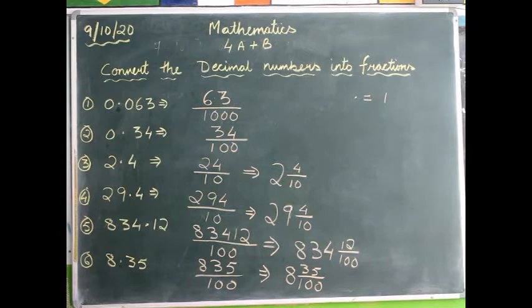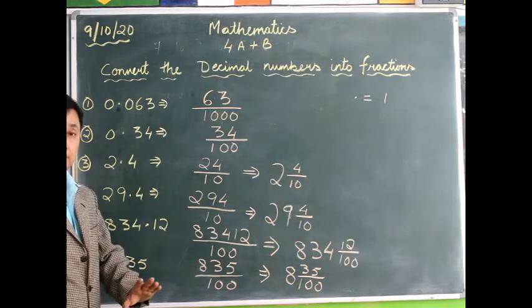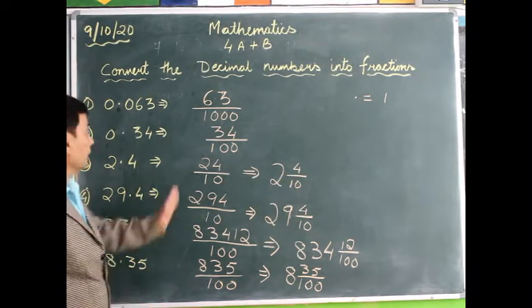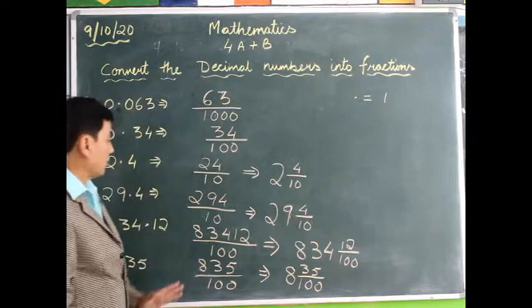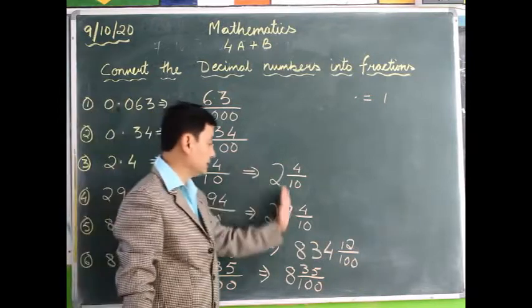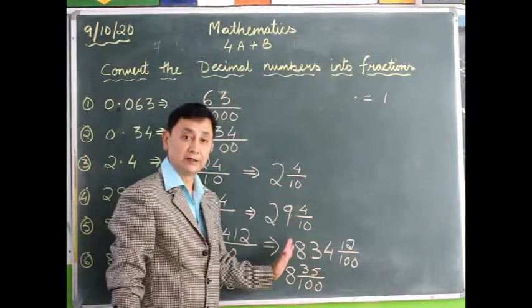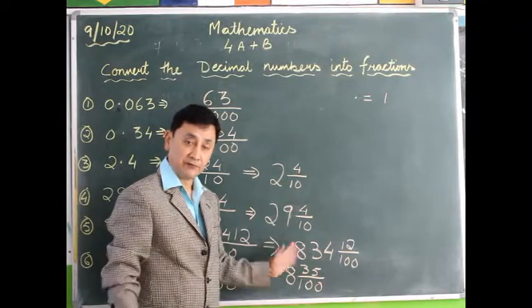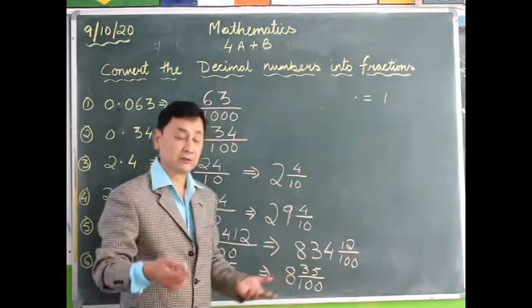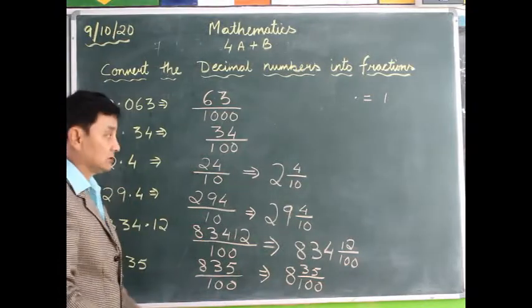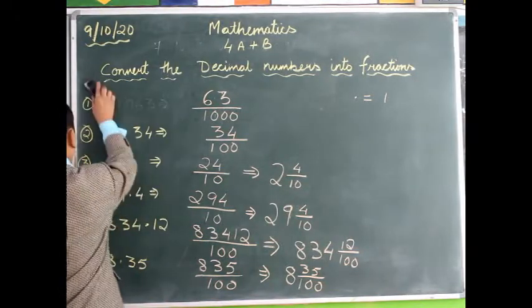Now in your exercise book you can do it whichever way you want. You can only do it this way, or you can only do it this way. Don't do both ways. Okay? But if you want to do it, you can. It's up to you now. You decide.